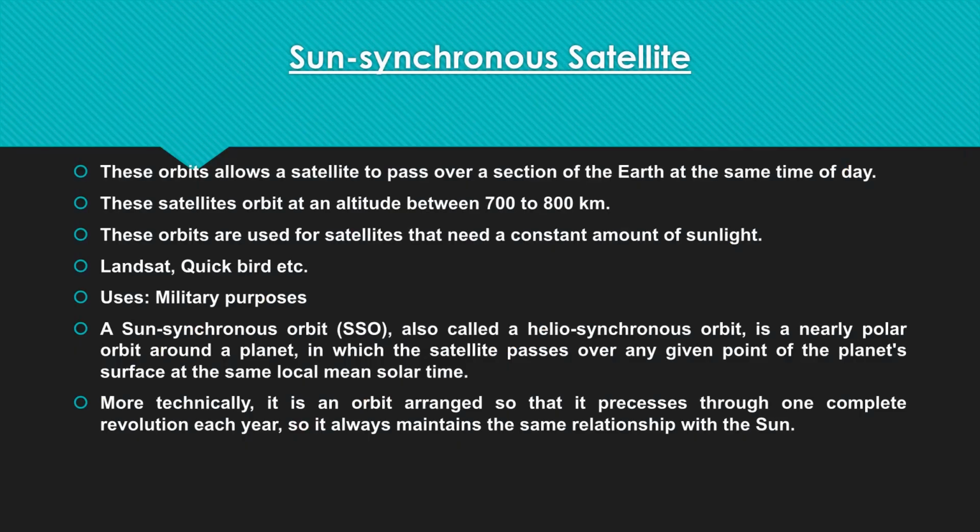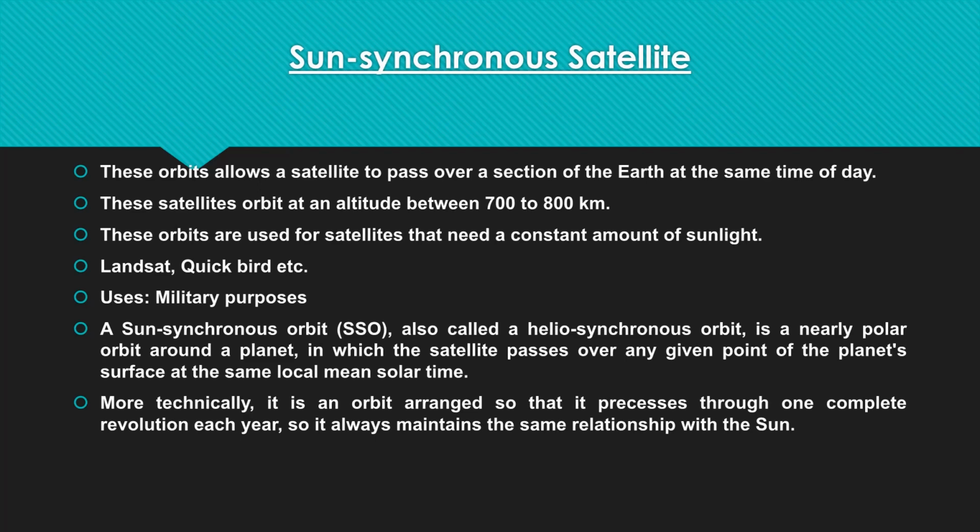Now, after discussing geostationary satellites, we will move on to sun-synchronous satellites. This term also, as always, explains itself: sun synchronous means synchronized with the sun. These orbits allow a satellite to pass over a section of the Earth at the same time of the day.